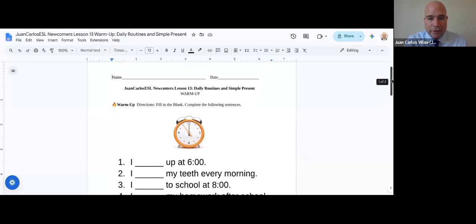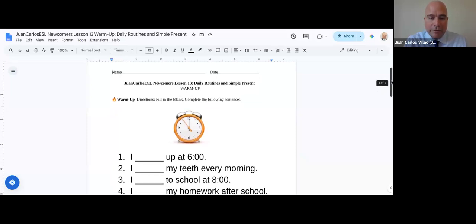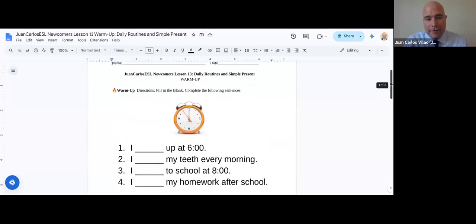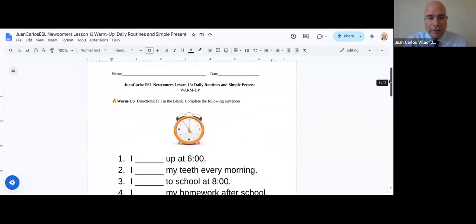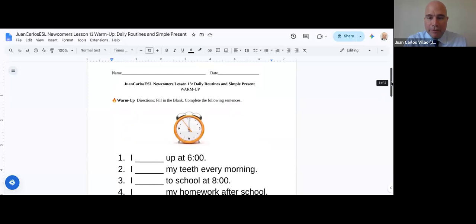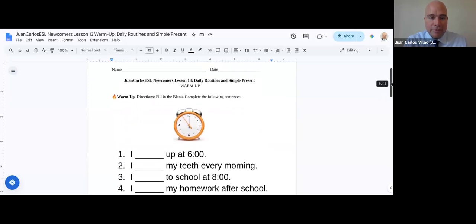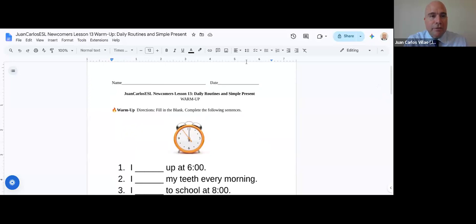Entonces, los estudiantes tienen 2 opciones para completar el calentamiento. Puede ser en papel, pueden llenarlo en una hoja de papel, o también lo puede completar por medio de una computadora. Dar respuestas digitales. So, either way, the important thing is that students learn.